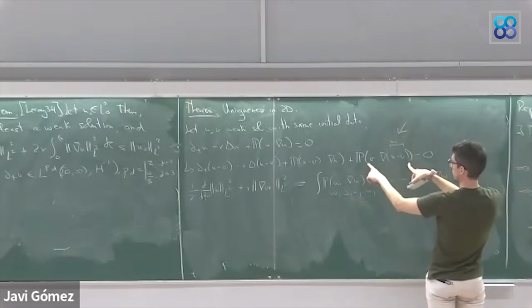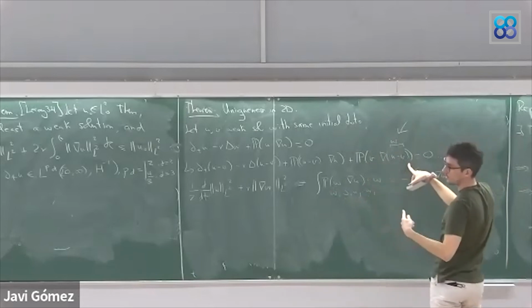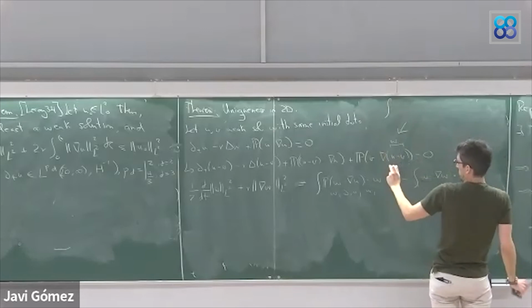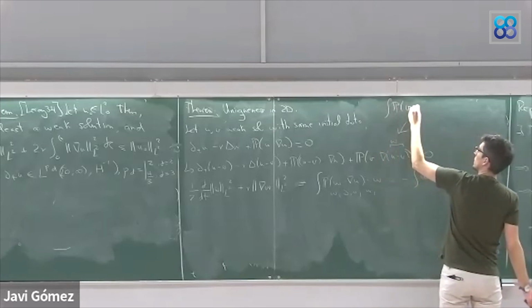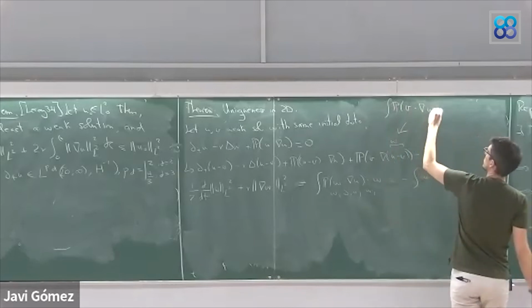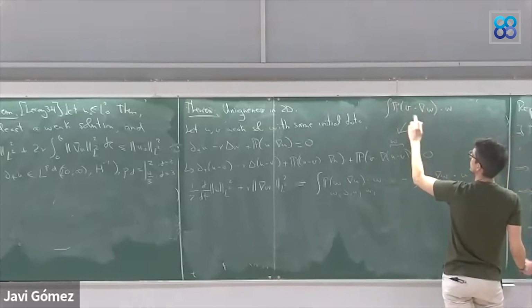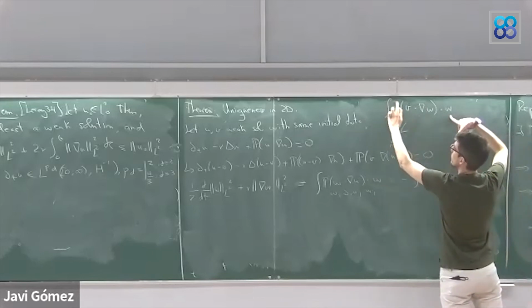And this was the main cancellation that showed up for the uniqueness of Euler, where you use the structure of the equation. You have P, v, w, v times v. Since v is divergence free, the projector here disappears.